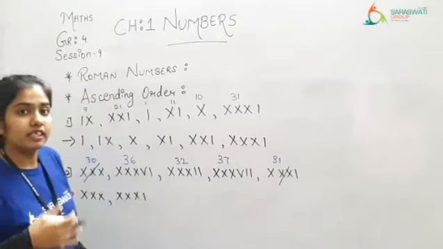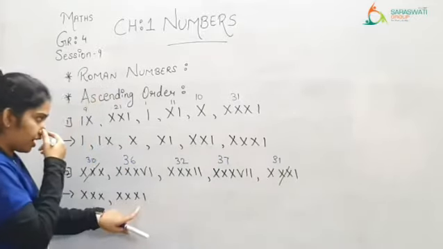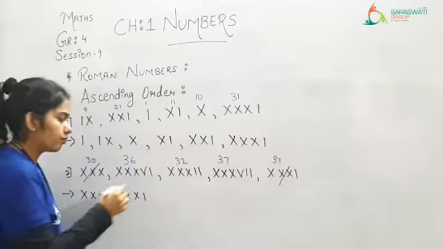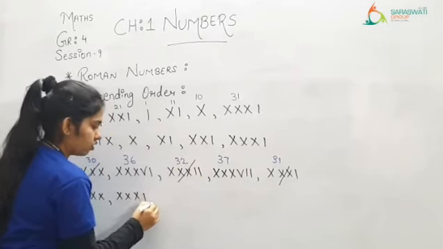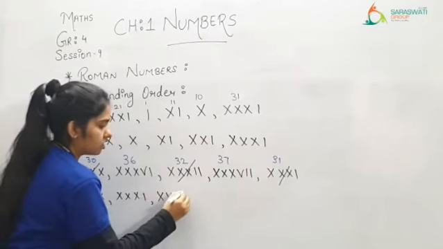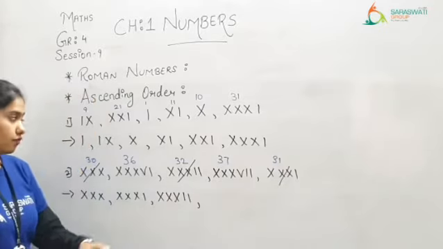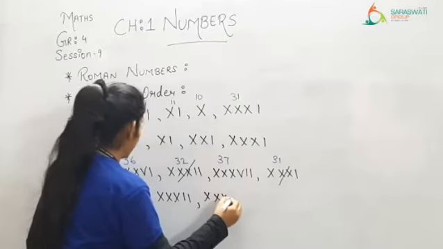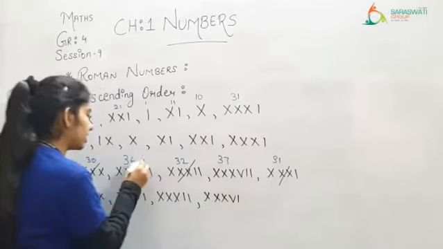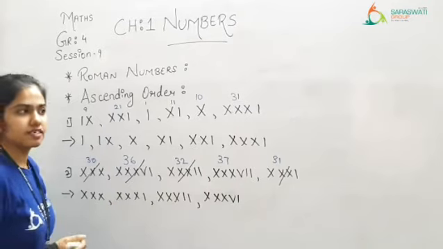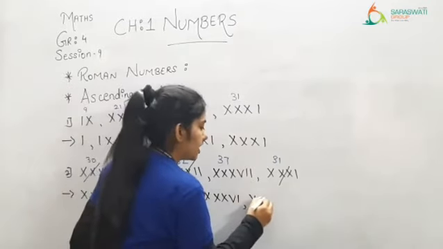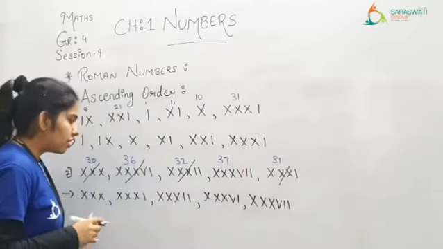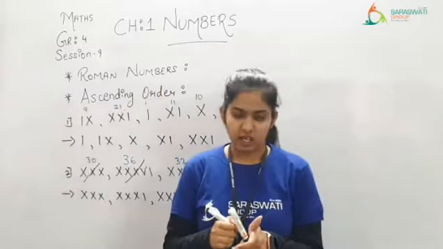You will not write that number again. Now 31 we have written. After 31 which number will come? 32. So we'll cut this and we will write over here XXX and 2 times I. Then after that, 36, so 3 times X and V and I, and we'll cut this number. And the last one which is pending, that is 3 times X, V and 2 times I. So we have arranged these numbers in ascending order.